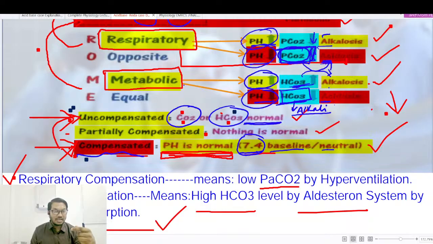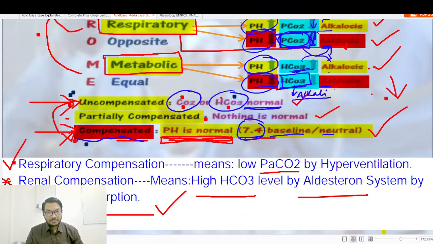By hyperventilation. Whatever acid was in the blood, he tried to exhale through the blood in the form of carbon dioxide. Alkalosis will be compensated by the other system, by hyperventilation or by renal metabolism. That will be mixed.